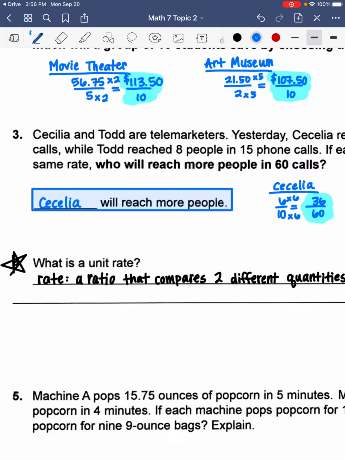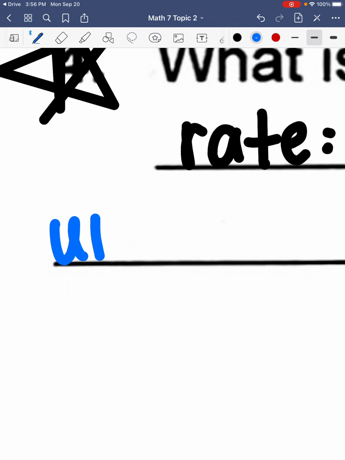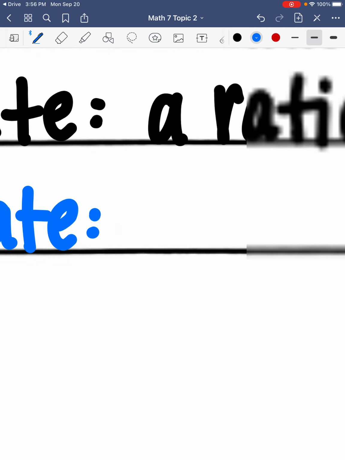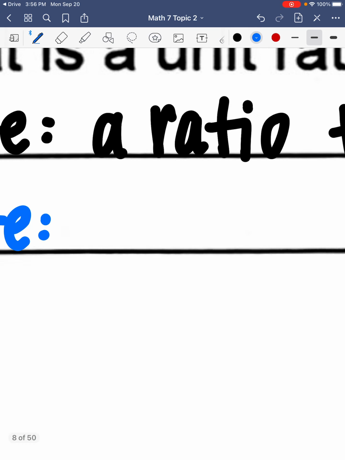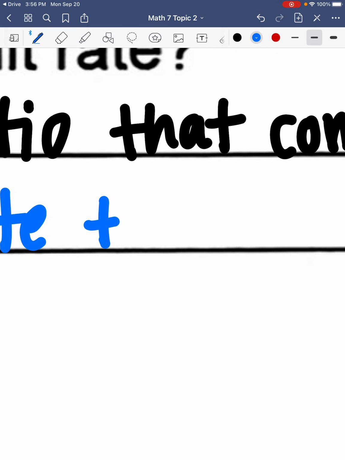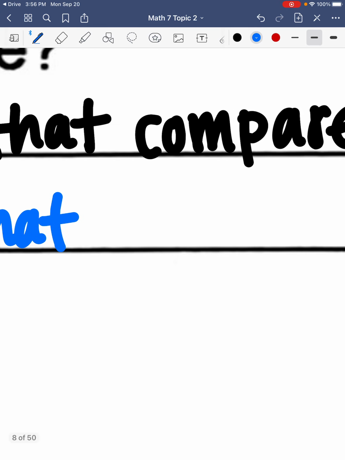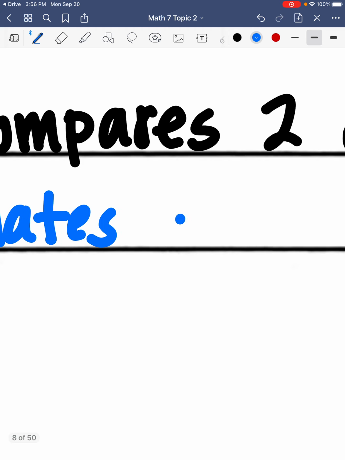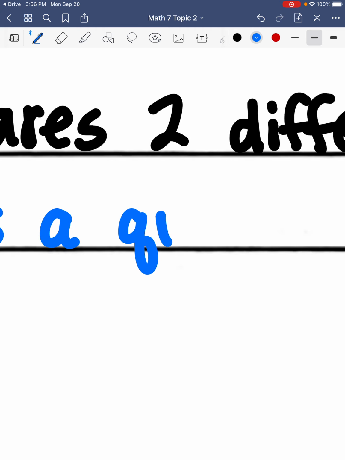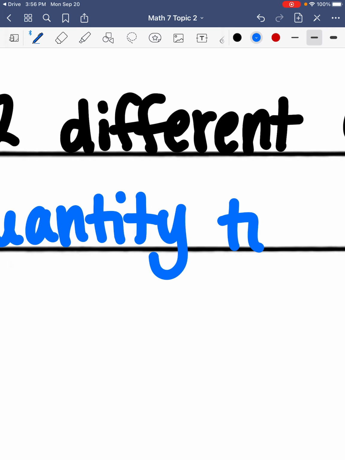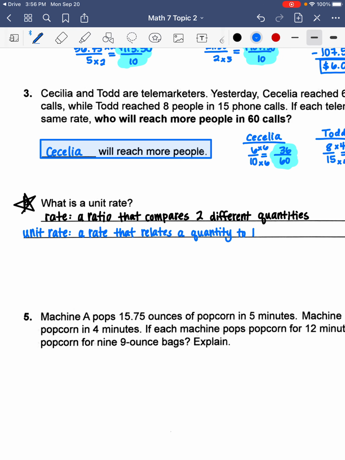So now let's talk about a unit rate. A unit rate is a rate that relates a quantity to 1.